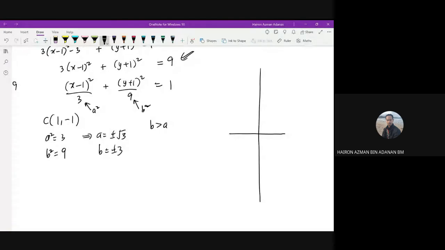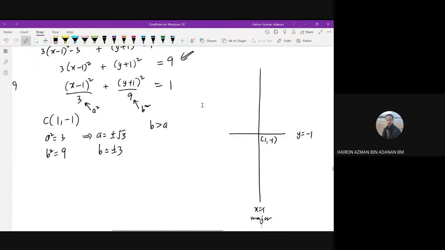Okay, center 1, negative 1. So this one is x equal to 1, this one is y equal to negative 1. So the major axis is x equal to 1. How do I know it is major? Refer to the value here. This is the biggest value compared to a. So this biggest is under y, so it is parallel to y.